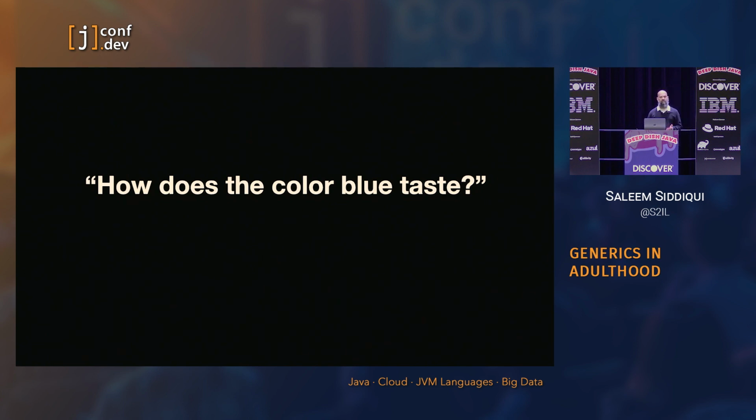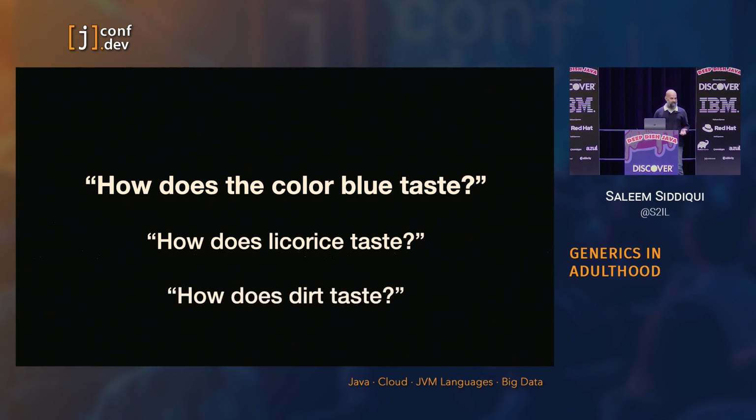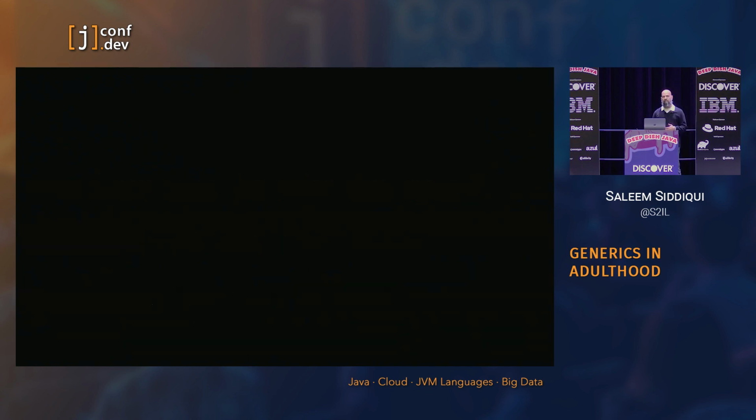Notice this question is different in kind from how does, of course, licorice taste? Or even, how does dirt taste? Those questions are all syntactically correct. The last two also happen to be semantically correct. For example, if you were to render the last two questions, or the general question of tasting something, this would be the function taste, which takes a parameter of blue.